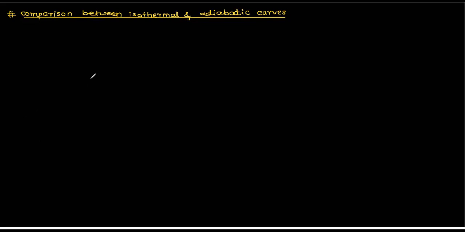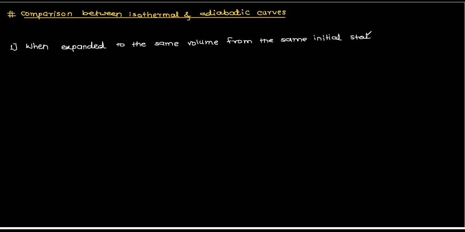So first of all, see here, number one case: when expanded to the same volume from the same initial state.